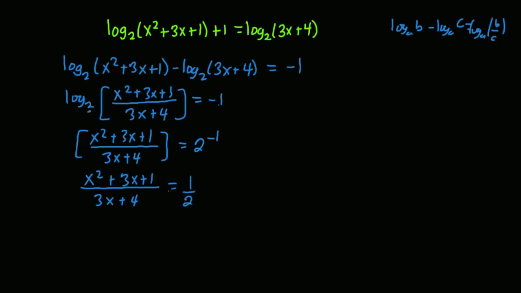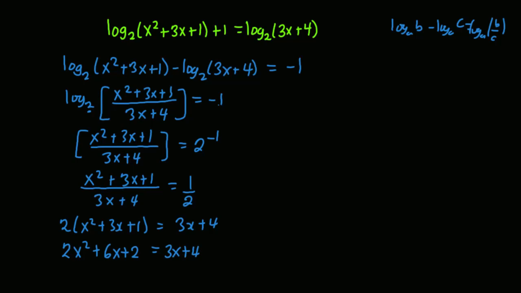So I'll just cross multiply. If I cross multiply, I'll end up with 2 multiplying x squared plus 3x plus 1, and this will be equal to 3x plus 4 times 1. So this will give 2x squared plus 6x plus 2 is equal to 3x plus 4.